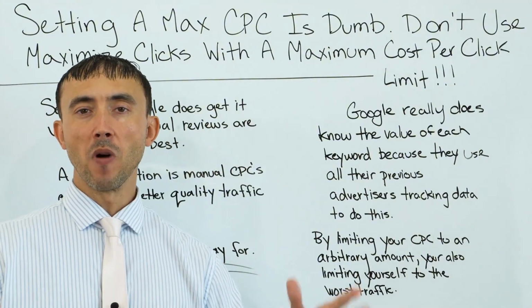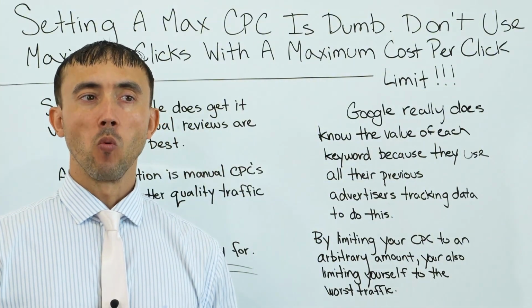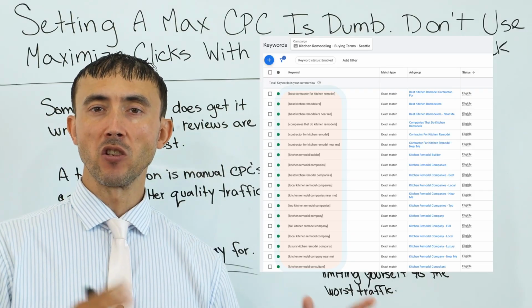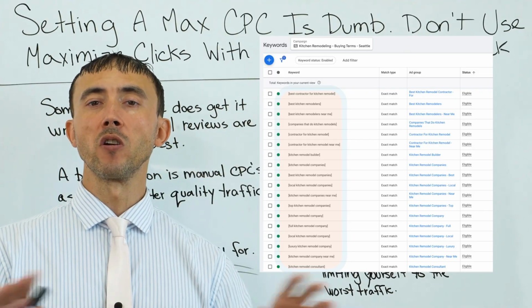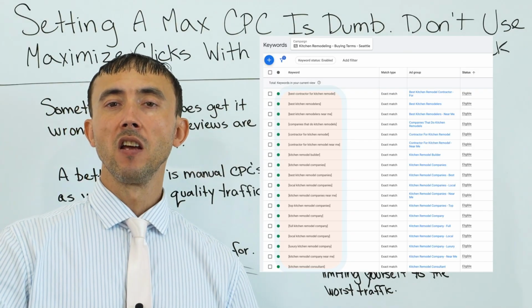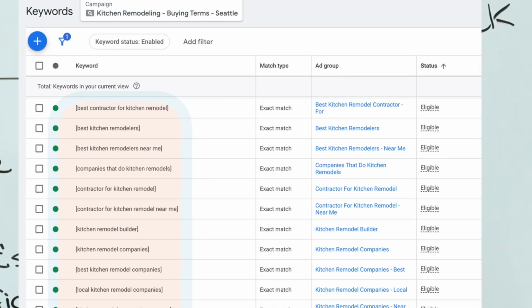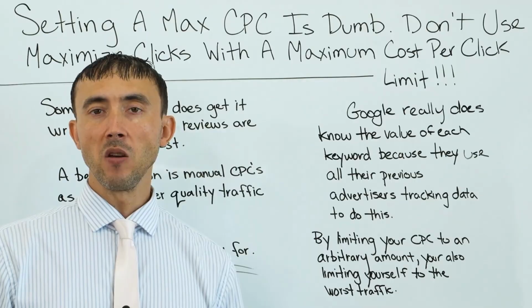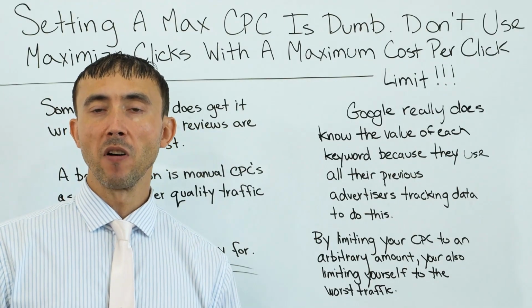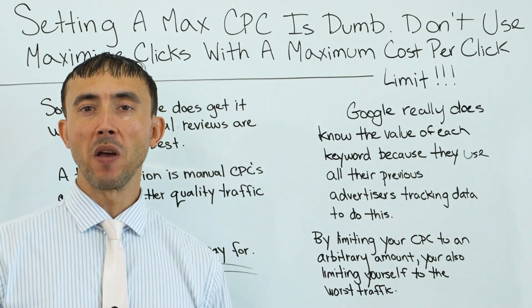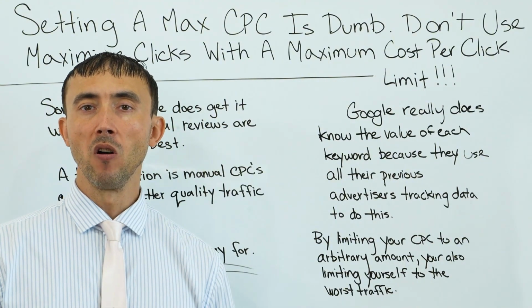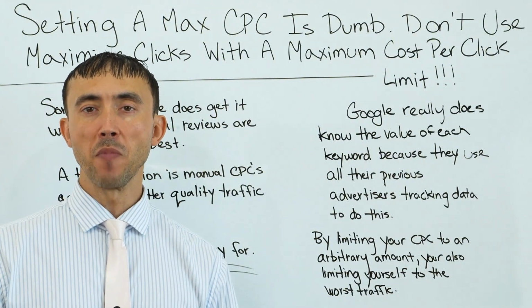So in a market like kitchen remodeling, there's 180 different keyword variants that we found in the total universe of keywords that we can actually bid on, that Google won't say keyword volume too low to bid on. Of those 180 keywords, 2 or 3 will say that we have to pay more than $100 a click to be eligible to have this keyword show, whereas the average is right around $30 a click.